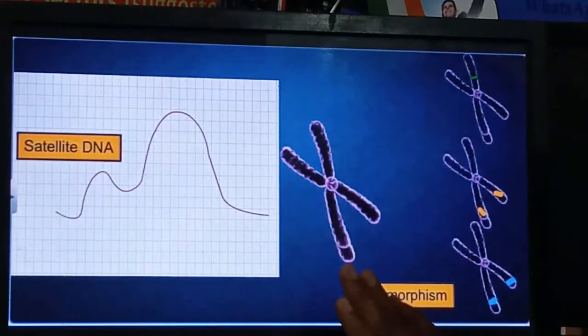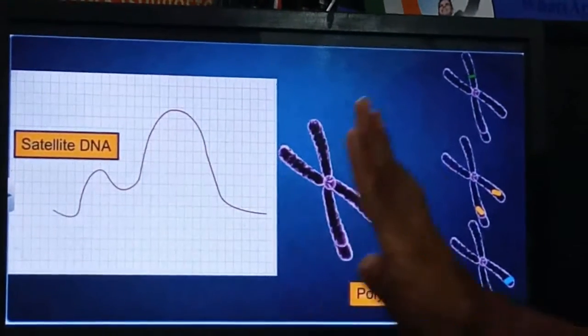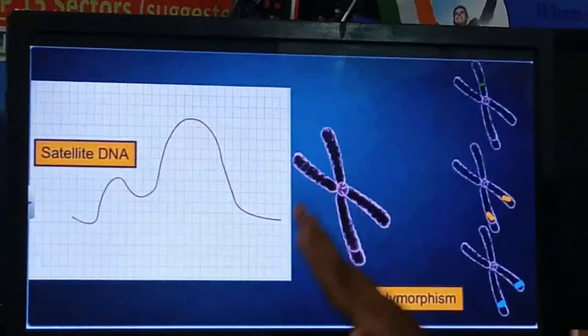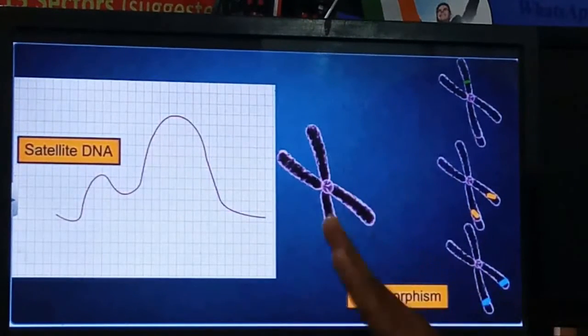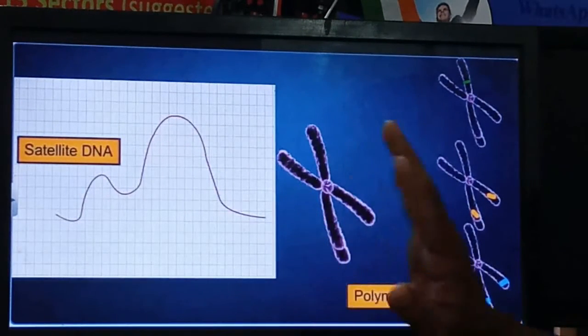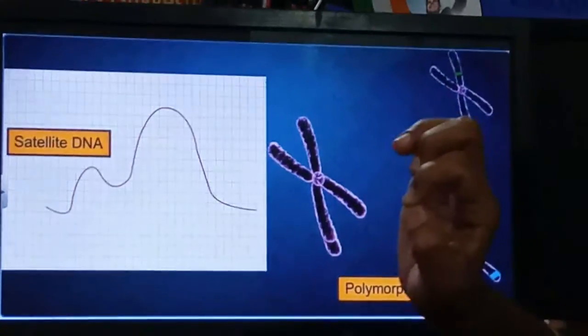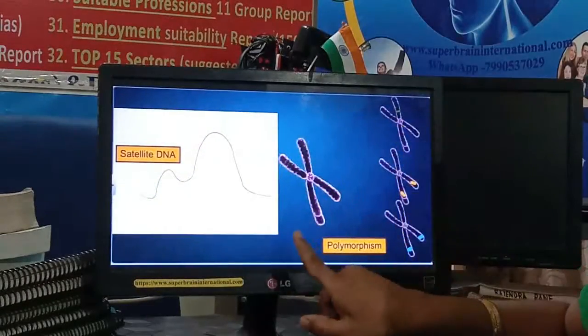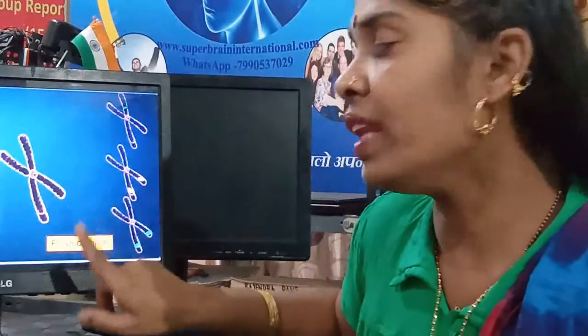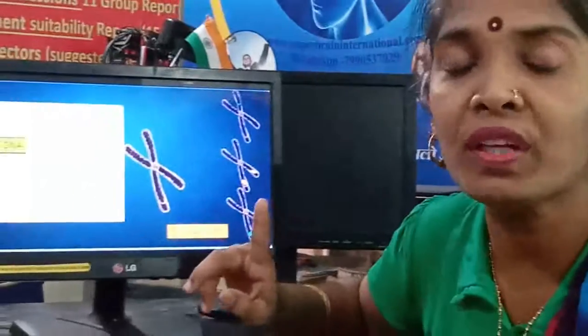Now, just now I said that these VNTR probes or VNTR segments will have small differences in them, right? Now, these differences create polymorphism in the population.